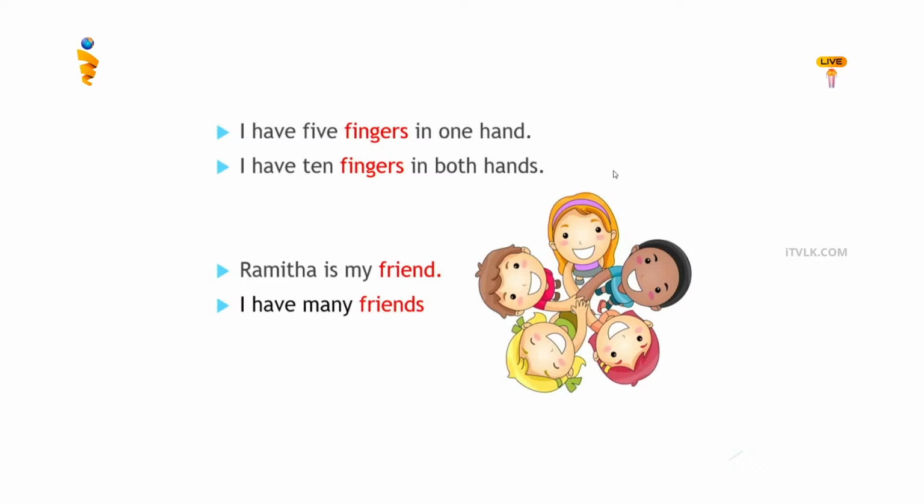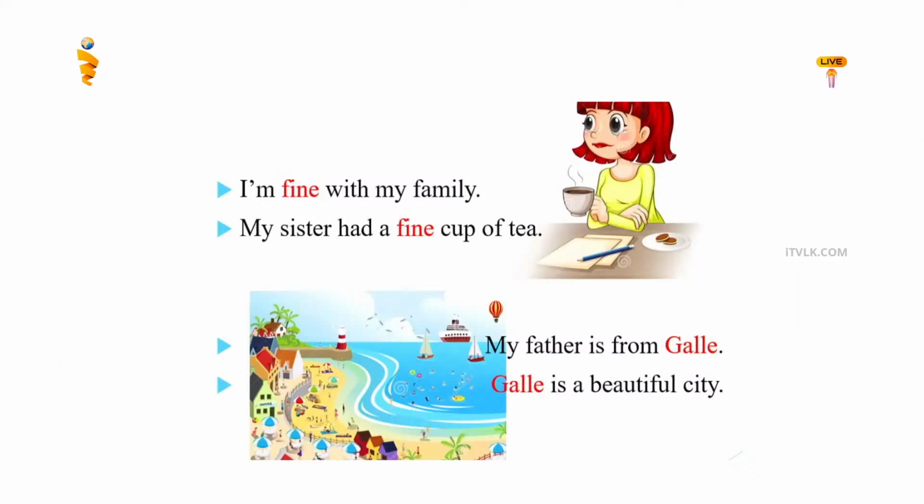Or you can even say, my mother is my friend. My father is my friend. Then you can also say, I have many friends. I have a lot of friends. Okay?